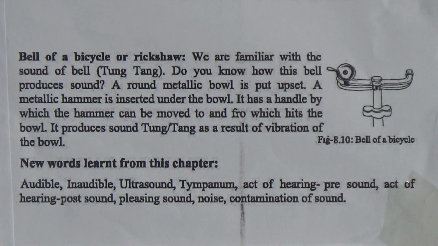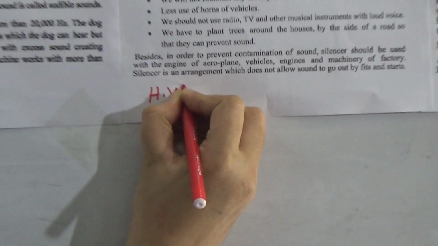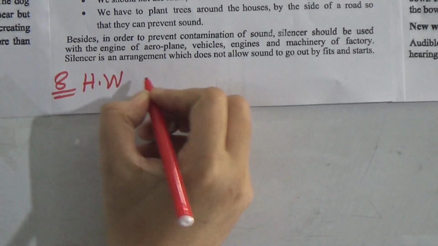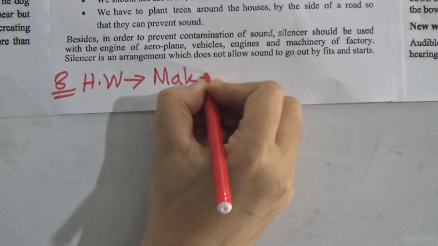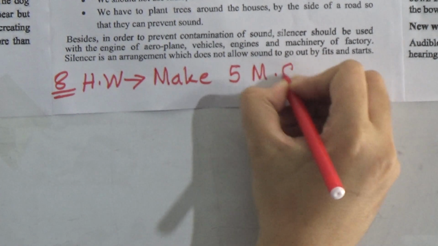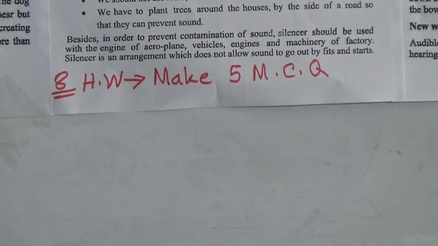So, dear student, I have finished my today's topic. Now, I will give you some SW. Your SW will be, and this is 8 number SW. Your SW will be make 5 MCQ questions and answers based on this topic.